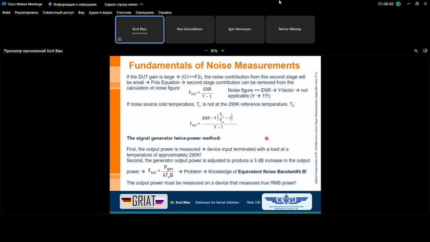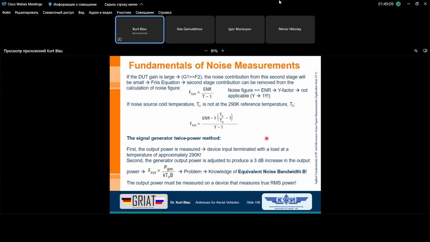Such generators can reduce the signal down to, let's say, minus 100 dBm or minus 120 dBm, to very, very small levels.